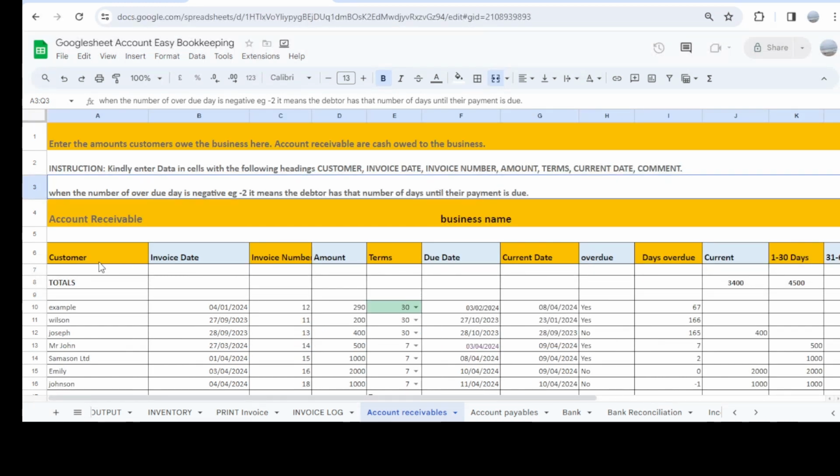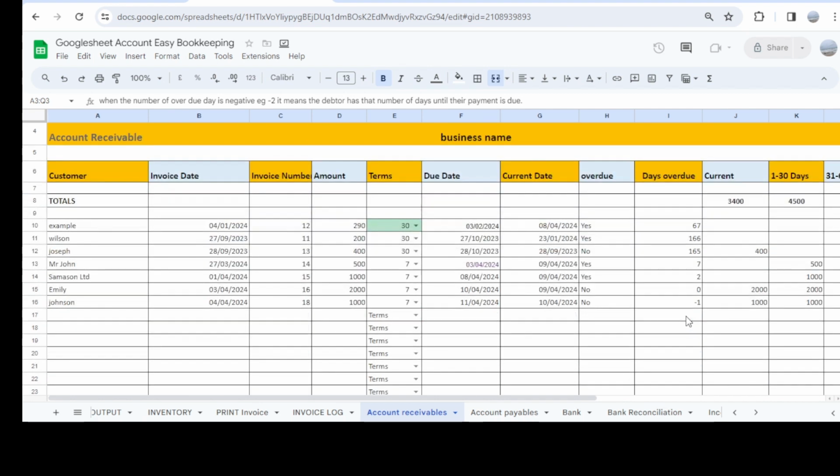It also says that when the number of overdue days is negative, for example -2, it means the debtor has that number of days until their payment is due. And this is our header for days overdue.